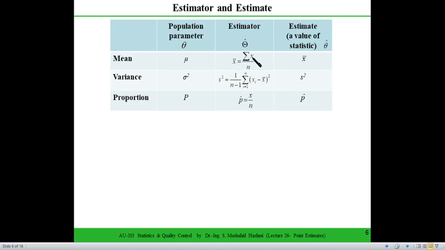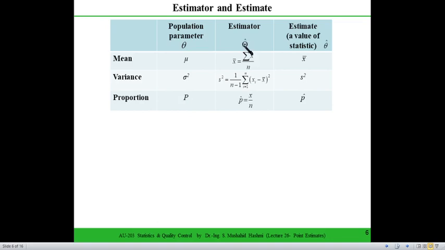Here the sample mean would be an estimator, or the variance of a sample would be an estimator, or the sample proportion, and we use a cap on that p to represent an estimator.